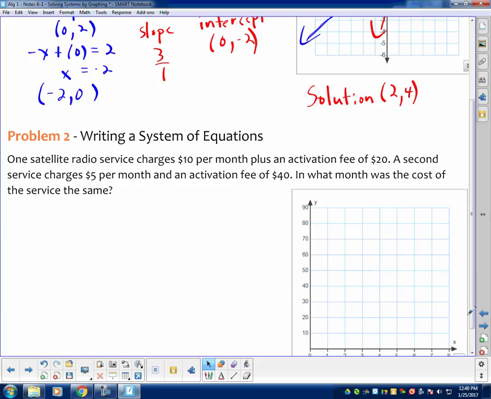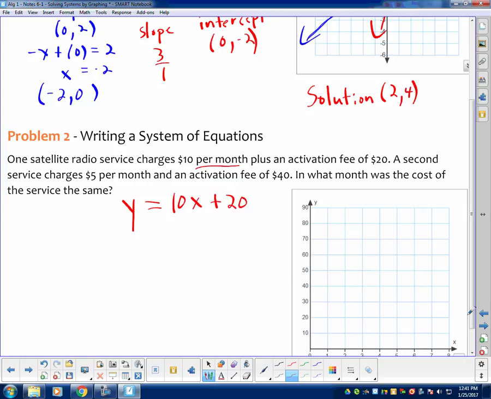Do we write an equation for that? What's the slope in this one? No, not negative 5. See this per month? Per month is a rate of change. That's my slope. So it's y equals 10x plus 20.